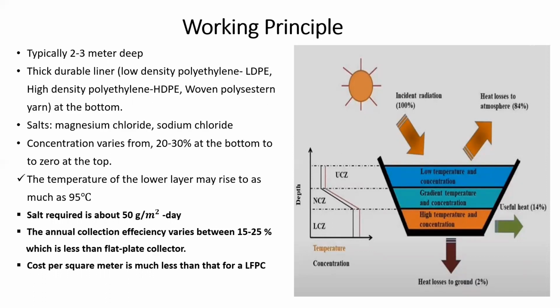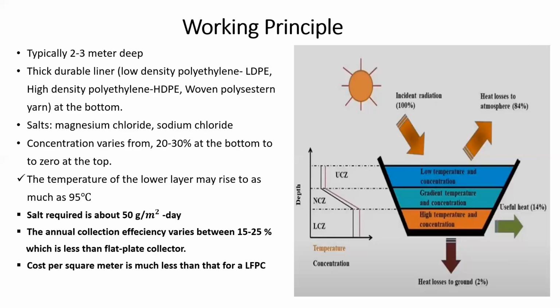But when we consider the area required for a flat plate collector, the cost is higher, whereas the cost of using this type of solar pond is reduced, so there is less expense for using a solar pond.